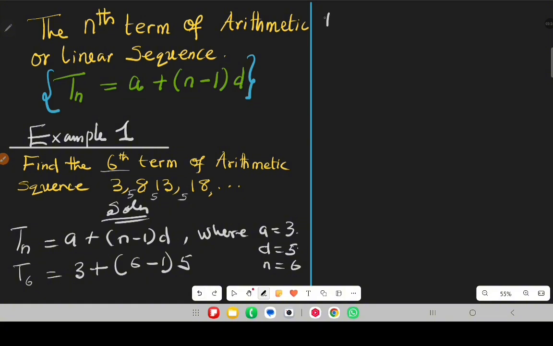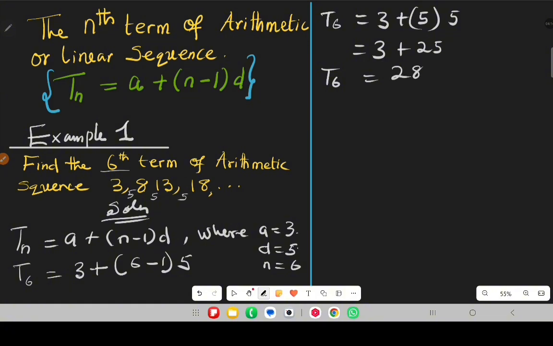So T6 equals 3 plus, we first solve the bracket in order of operations, 6 minus 1 gives us 5. Bracket means times. Then this gives us 3 plus 5 times 5, which is 25. Then T6 equals 3 plus 25 gives us 28 as the final answer.